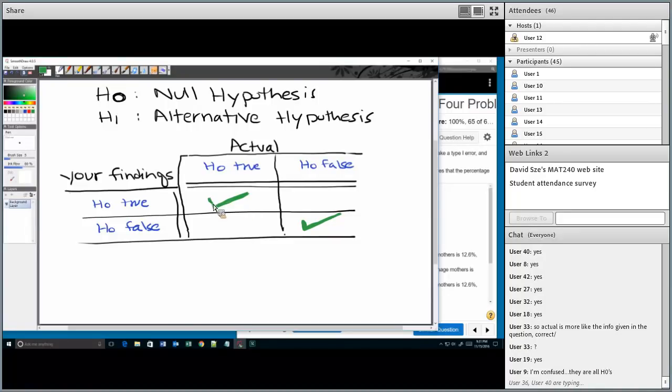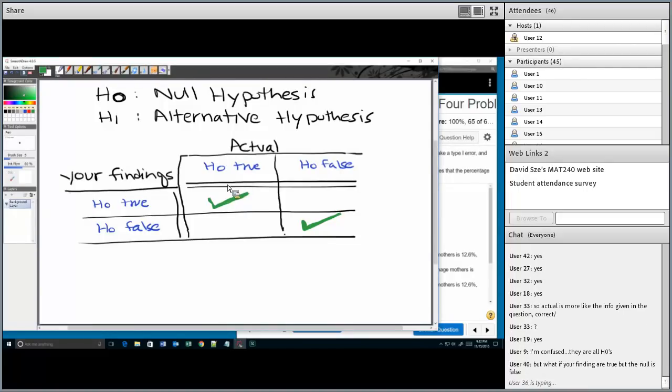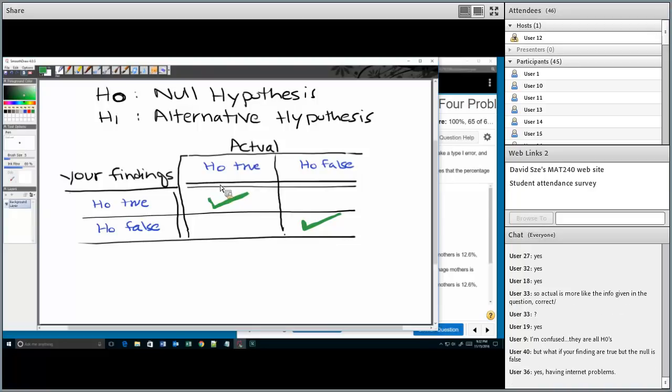No, Rob, the actual means that in reality the null hypothesis is true. Like today, even today, 20% of the population prefers Chevy in actuality. And then you take a sample and you also find that 20% still prefers the brand.